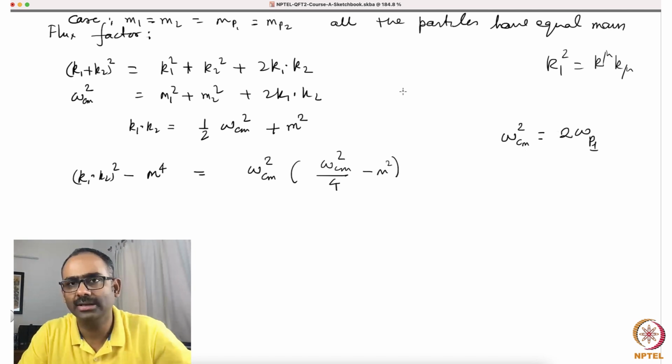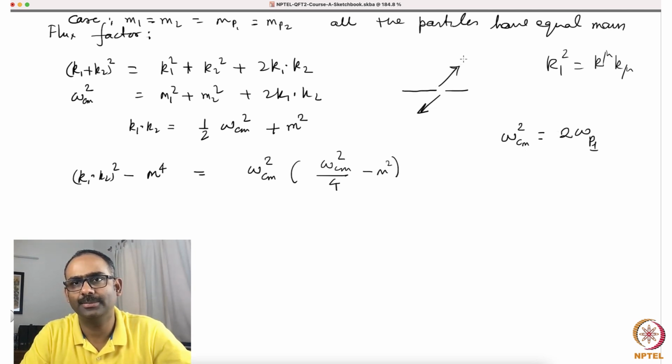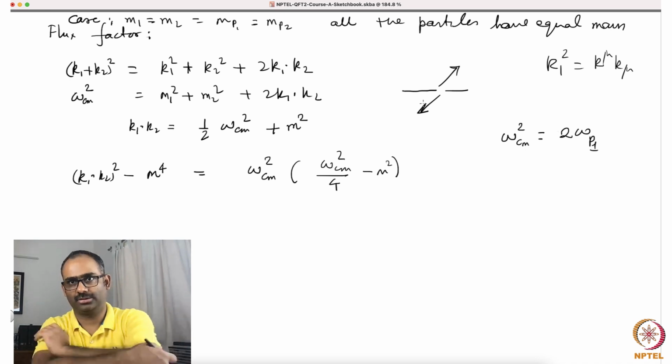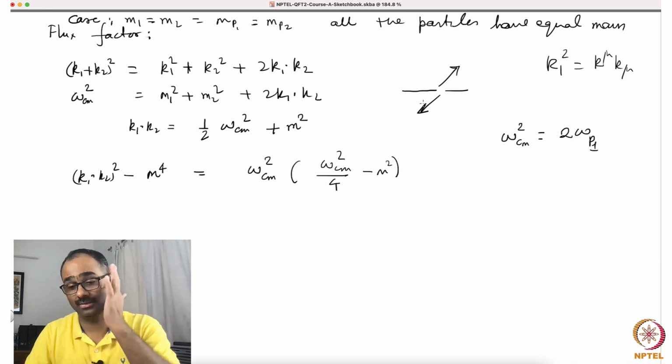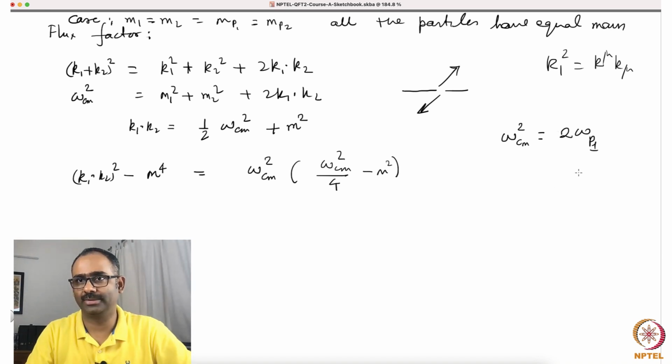Okay. So what I am saying is, your final state particles are going back to back because you are in the center of mass frame. The momentum of this guy is equal to the momentum of this guy. Okay. And because the masses are equal, the energies are also equal. Because E square minus P square is m square. So because m's are equal, E's have to be equal, or omegas have to be equal.